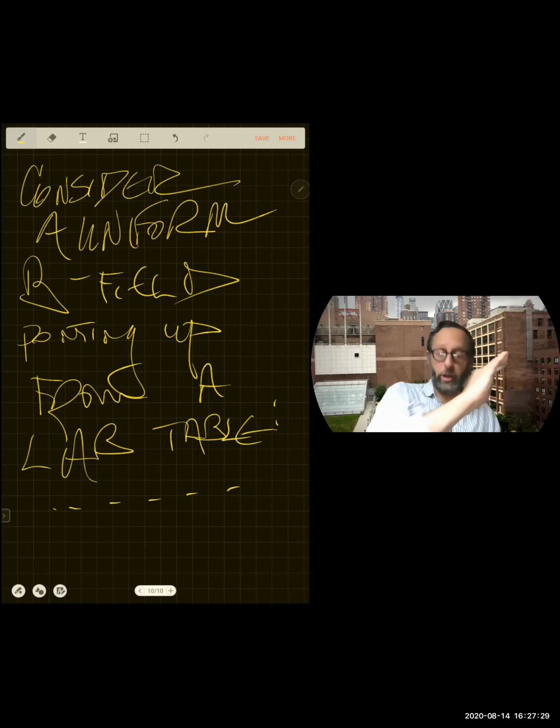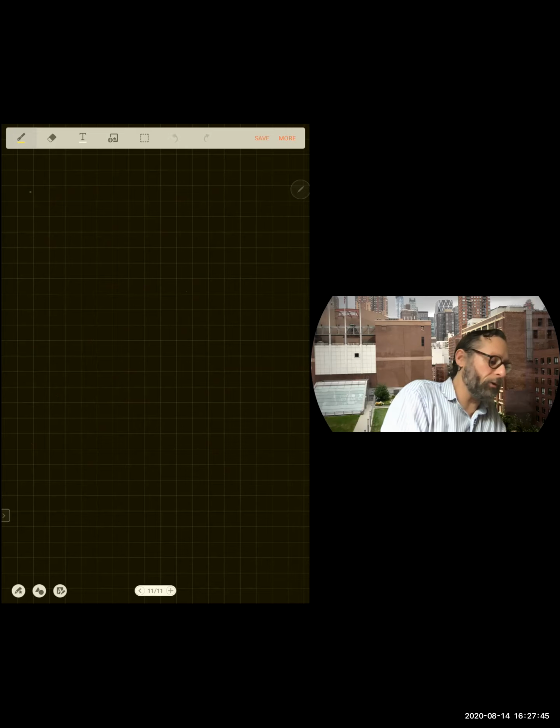Okay, just picture a uniform magnetic field coming up from the lab table, because you made some large solenoid that produces this, and you oriented it the correct way. So you've got magnetic field lines coming up from the lab table, like a square, uniform, meaning there are parallel lines, all the same density. Up, sorry, I should have said down, but all right. So we're in this magnetic field.